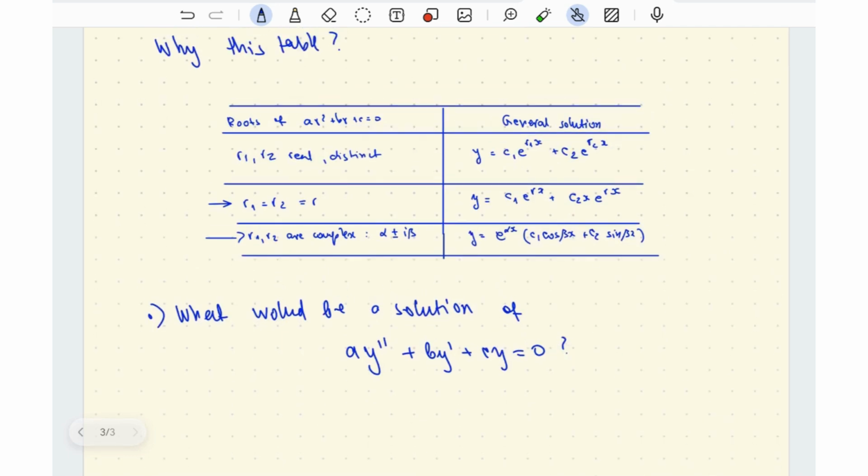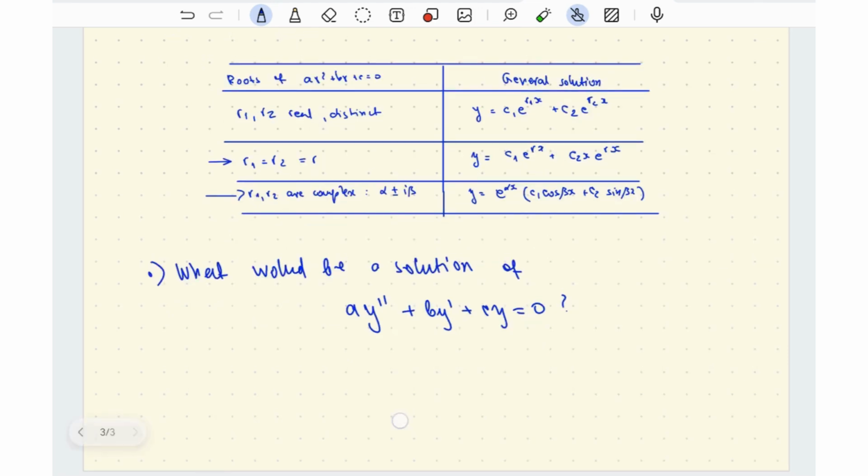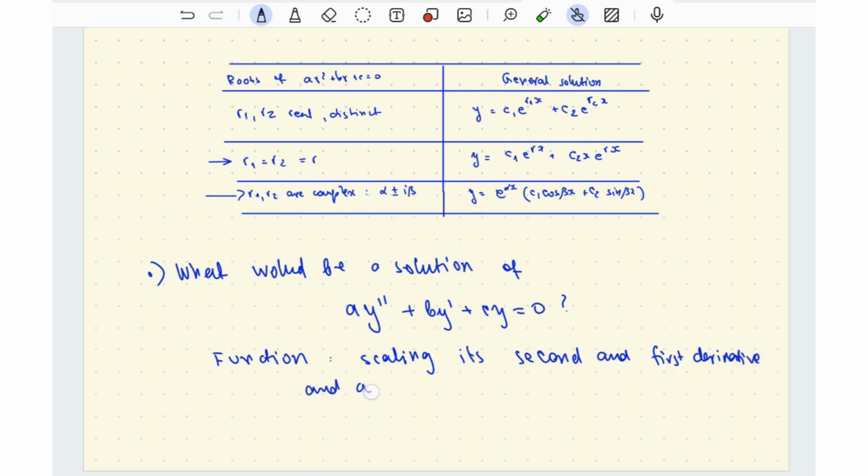Now, in words, we need a function that, scaling its second and first derivative and adding them to itself, gives 0.